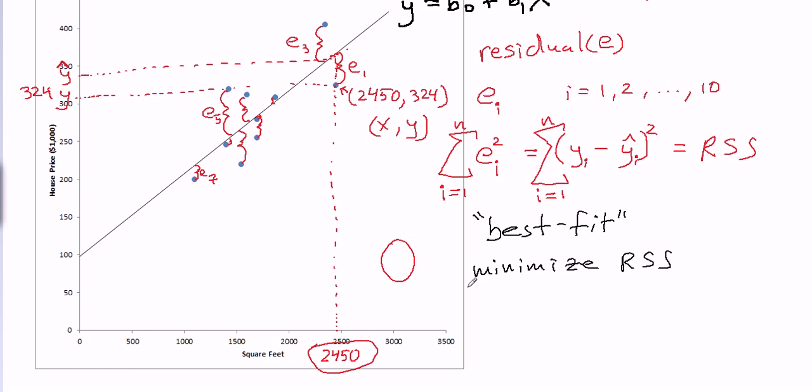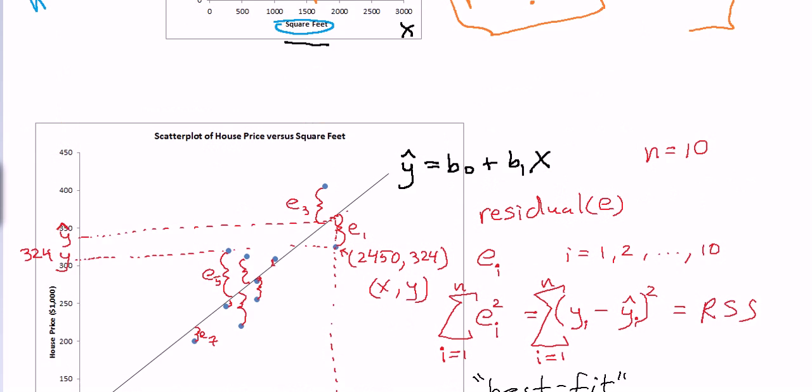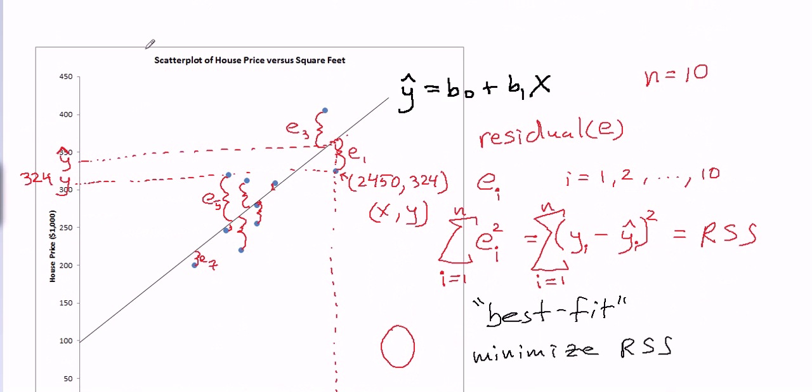That minimizes this quantity, in other words, gets as close as possible to the points. And so we want a line, and we have the line written over here. We want a line that gets as close as possible to these points, in other words, minimizes RSS.